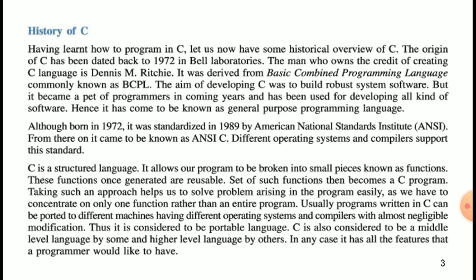The next topic is the history of C. The origin of C dates back to 1972 at Bell Laboratory and it was developed by Dennis M. Ritchie. C language was derived from BCPL, that means Basic Combined Programming Language.